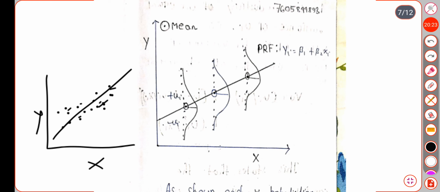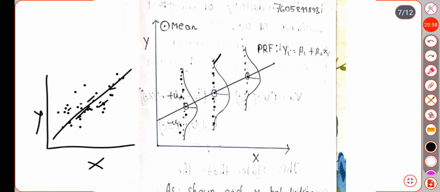Now there are multiple points that are actually present on the line, that's why this line is being created, but there are other points also which are not on this line. These points are referred to as error terms. Now as you can see, these are error terms.